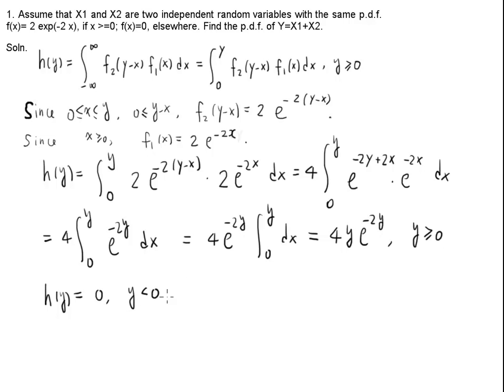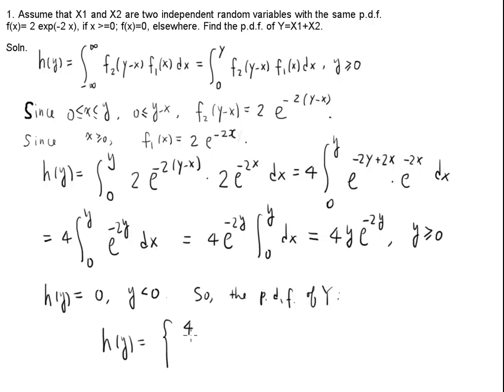So now we have the density function for this sum of two independent random variables. Eventually we have the probability density function of y, h of y. It has two branches.